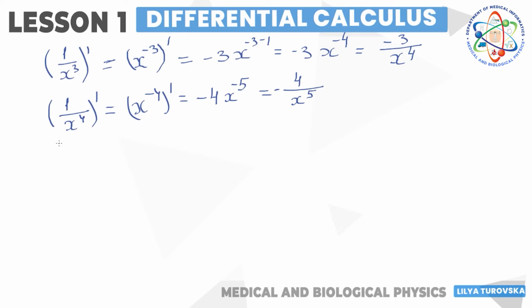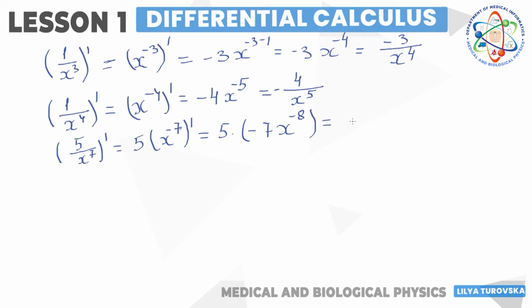And one more example, where we have 5 over x to the 7th power. We remember that 5 is the constant multiplier. We do not change it. And the derivative of x, the positive 7 becomes negative 7, and the derivative is 5 times minus 7 x to the negative 7 minus 1, which is negative 8.